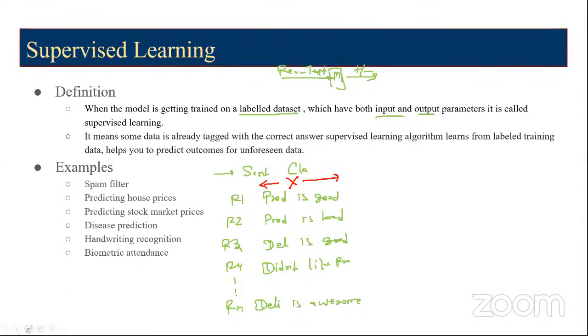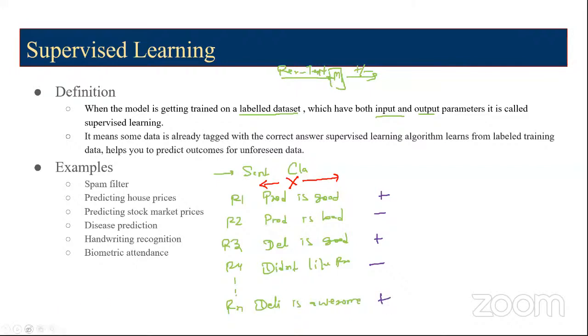But at the same time, when the model is getting trained on a labeled data set which has both input and output, what exactly do we mean by this? In supervised learning, we are going to have access to the label or tag also. So for example, the tag for the first review is going to be positive, then negative, positive, negative, positive.